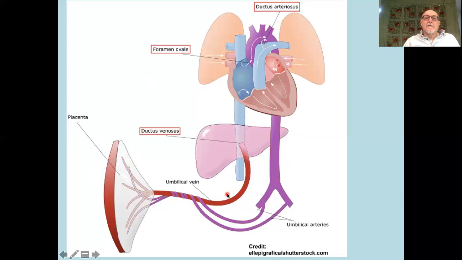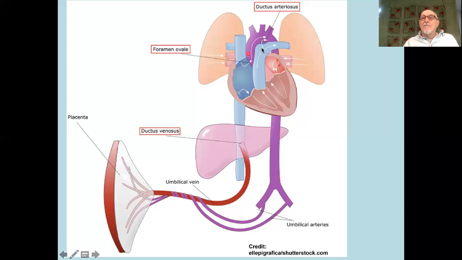And these are umbilical arteries and umbilical veins here, which go to the placenta. When the infant is born, all of these close up. This ductus arteriosus, the join between the artery and the veins here, that closes up. The holes in the septa close up. All of this is lost. The umbilical arteries and the umbilical vein here, these wither away and they end up as a little bit of scar tissue attached to your belly button.